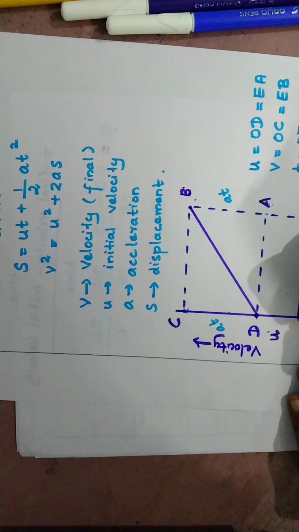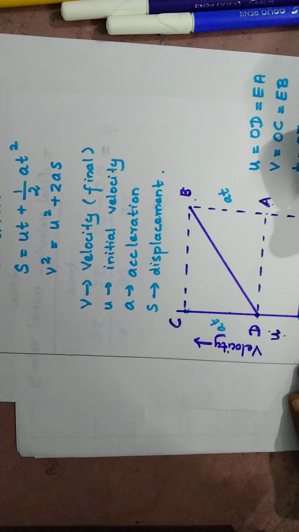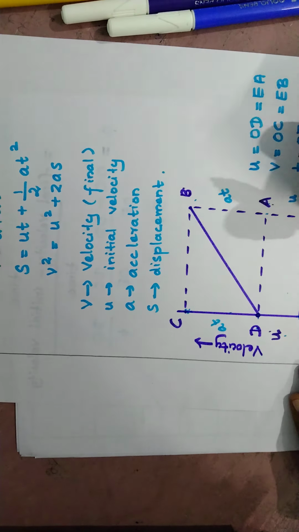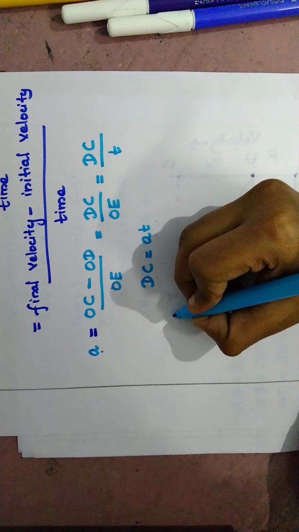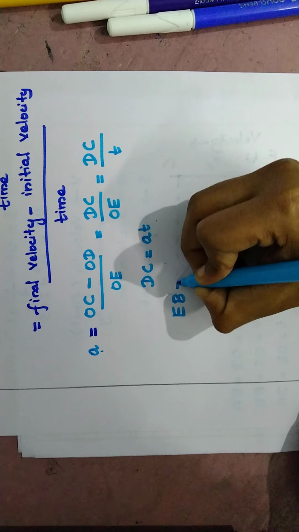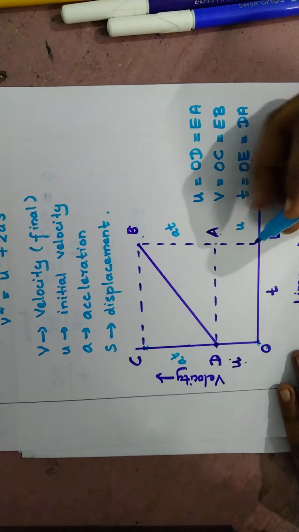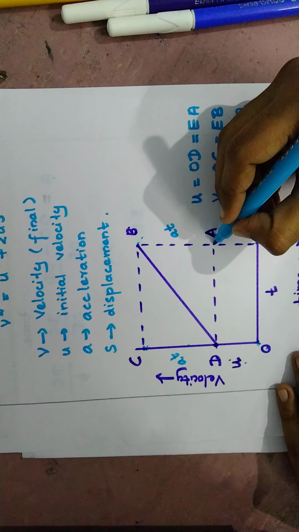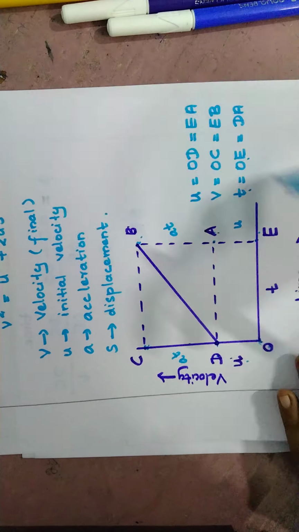And we know the value of OD, that is U, and we can say that AE is also U. So we can write EB is equal to EA plus AB.